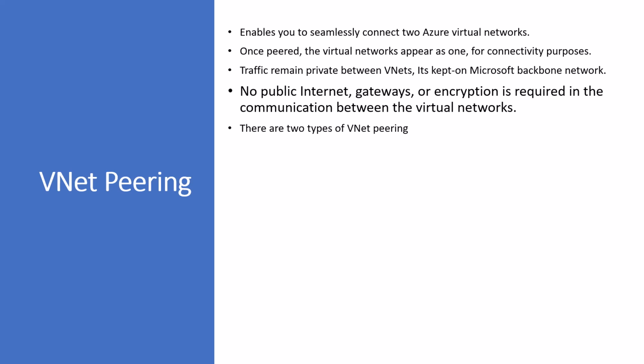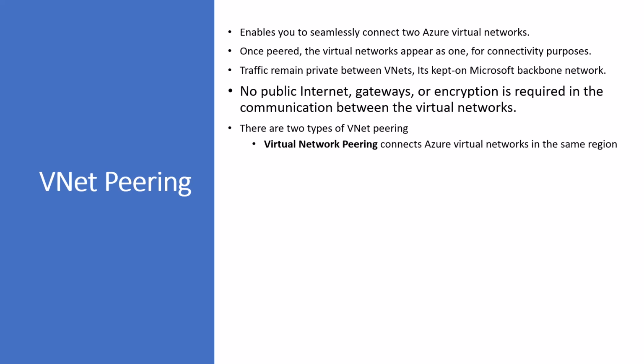Now, the peering can be of two types. The first one is virtual network peering, which connects Azure virtual networks in the same region or the same location. Like if we have two virtual networks in West US 2, that would be eligible for peering connectivity within the same region, and it would be known as virtual network peering.